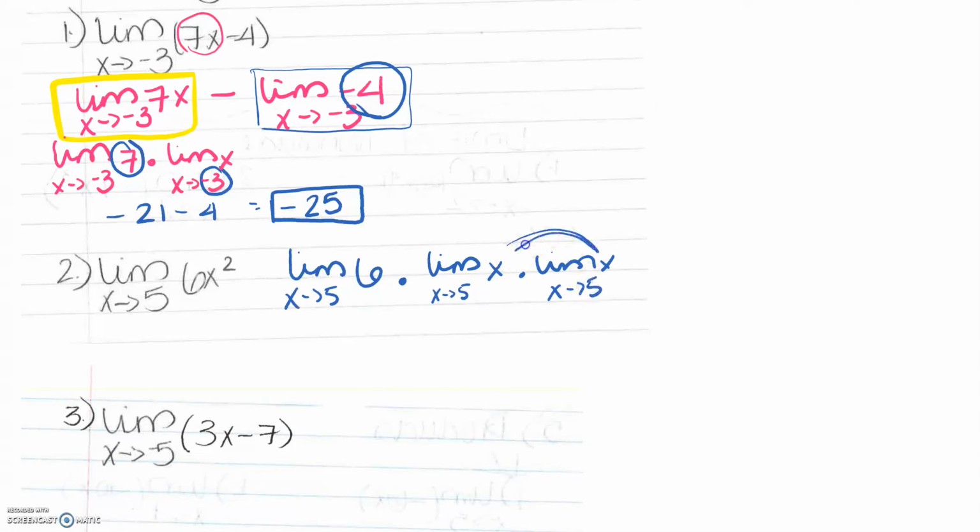That's because these two here make x squared. The limit of a constant is the constant. The limit of the identity is the limit, so 6 times 5 times 5. 6 times 5 is 30, times 5 is 150.